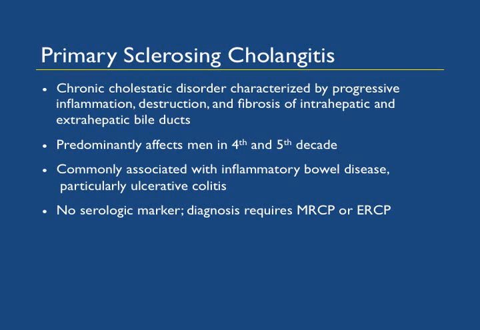Approximately 70% of patients with primary sclerosing cholangitis will have underlying ulcerative colitis. In contrast, approximately 7% of patients with ulcerative colitis may develop primary sclerosing cholangitis. Unfortunately, there's no serologic marker for primary sclerosing cholangitis, and the diagnosis requires magnetic resonance cholangiopancreatography or endoscopic retrograde cholangiopancreatography.